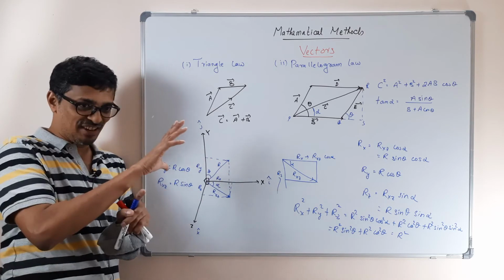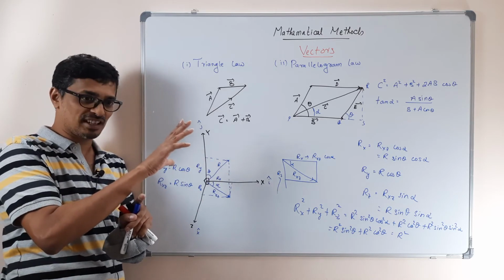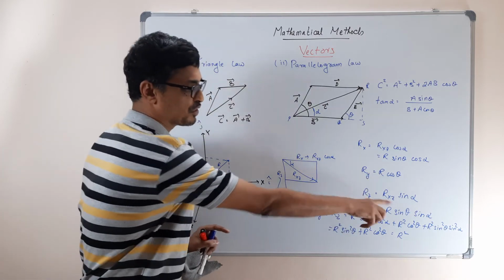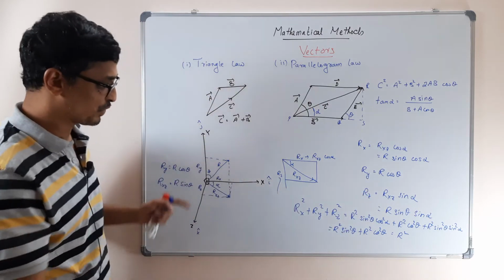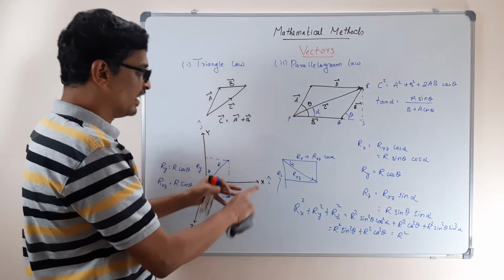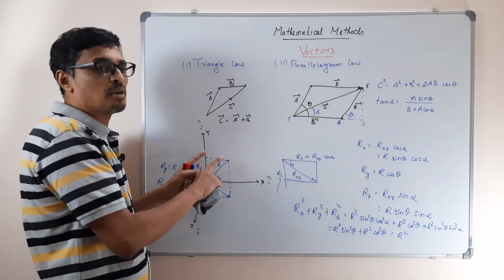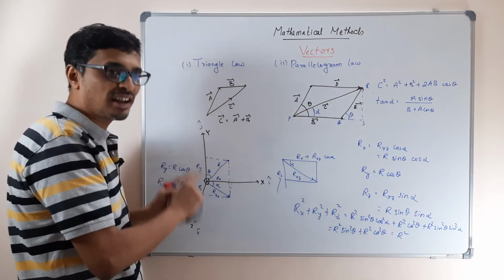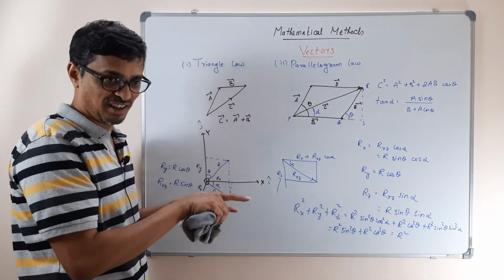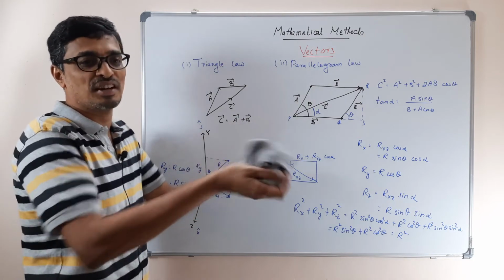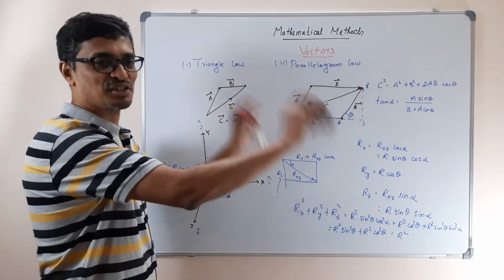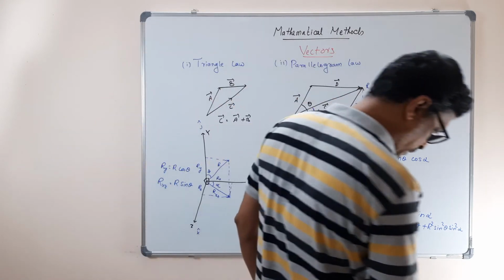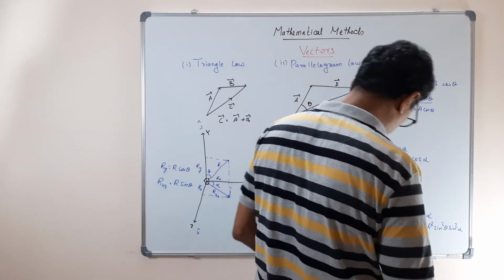Then for any vector, the magnitude squared can be written as the sum of the squares of all its components. In 2 dimensions, it will be rx square plus ry square. In 3 dimensions, r square equals rx square plus ry square plus rz square. If you keep increasing the dimension, the square terms will keep increasing. This is one of the interesting properties of resolving vectors.